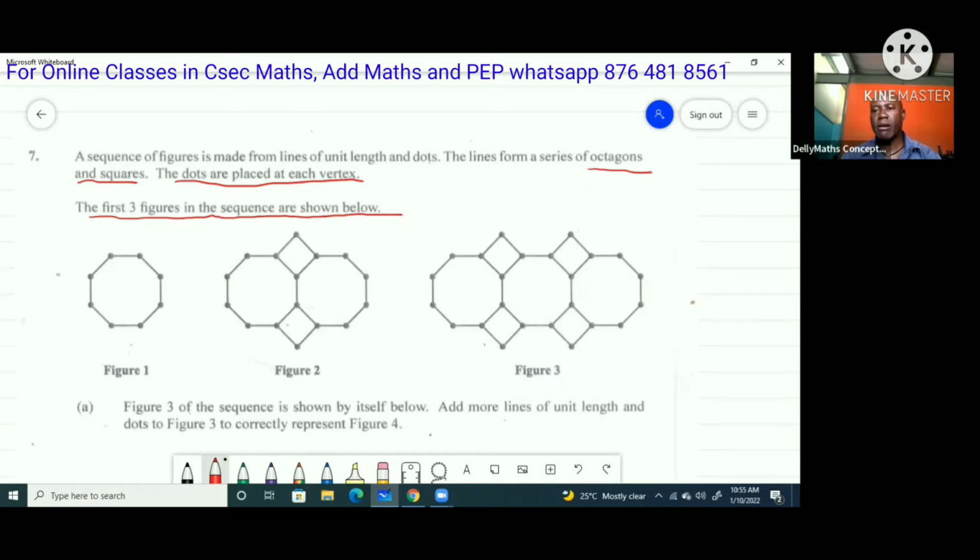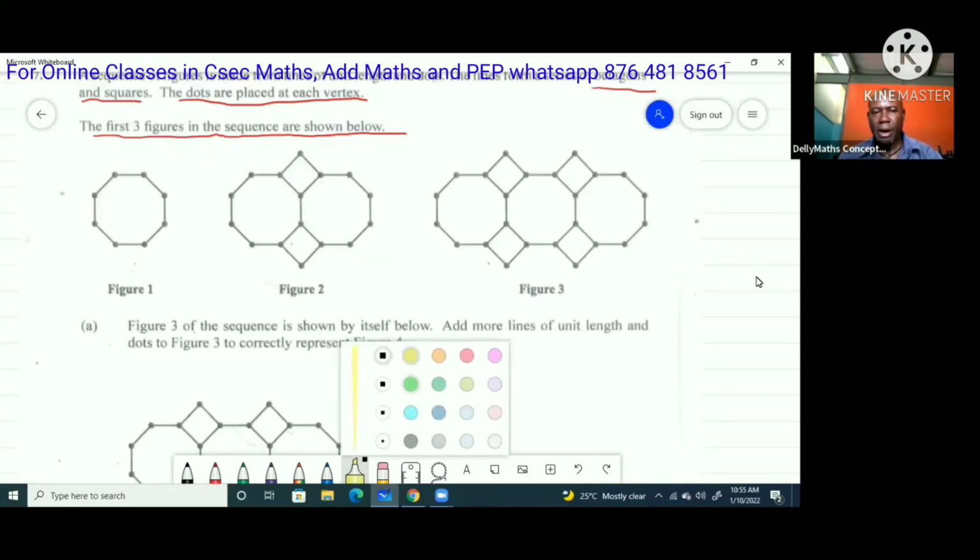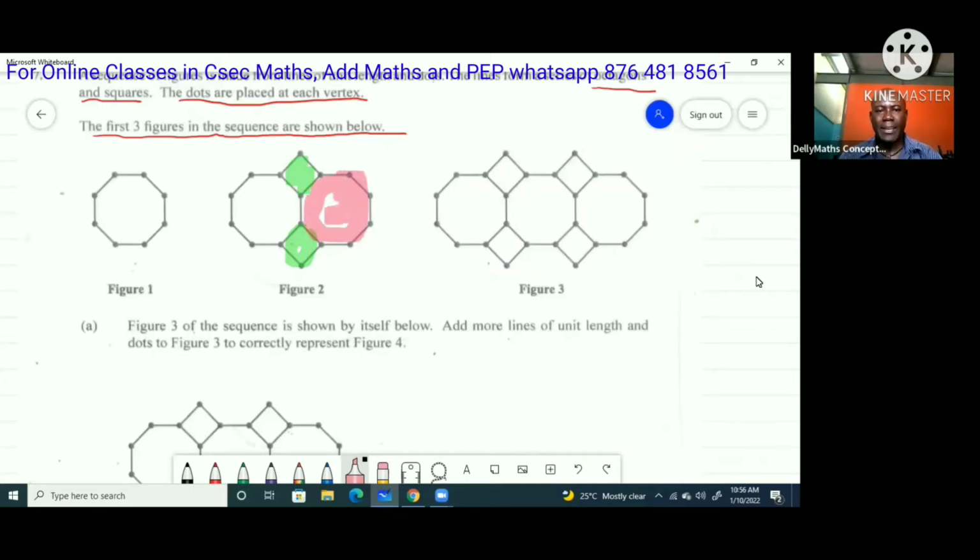So we're seeing here where we have the first 3 figures. A quick study of what is going on here. I could just quickly highlight what's going on. So we start off with a shape, and what is added each time is a square at the end there, followed by the octagon right there. So that's what is added right here.